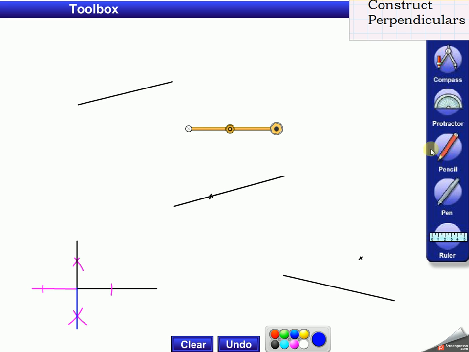So to do our lines between 2 points, we're effectively bisecting this line. We're doing this section here between the 2 points after the first marking. So put my point down. We set our compasses to more than halfway, not massively bigger, and do an arc above.